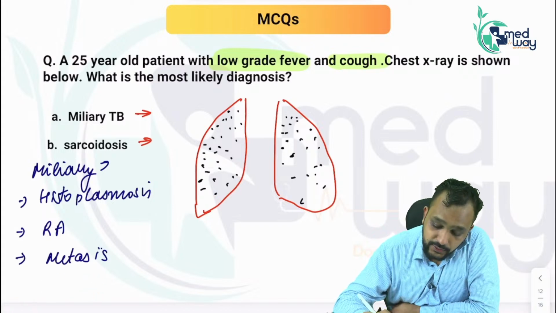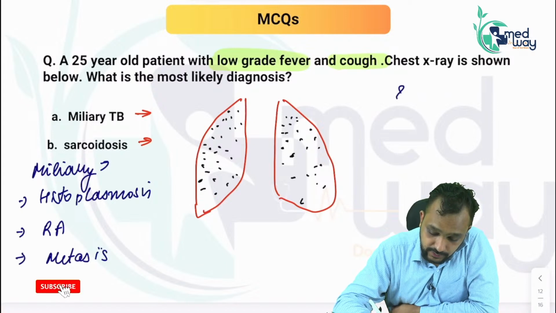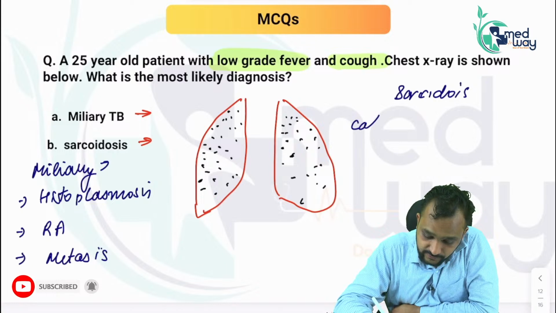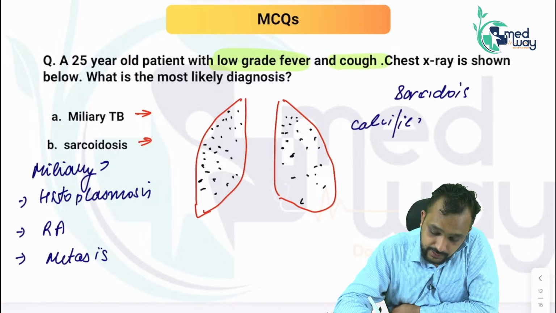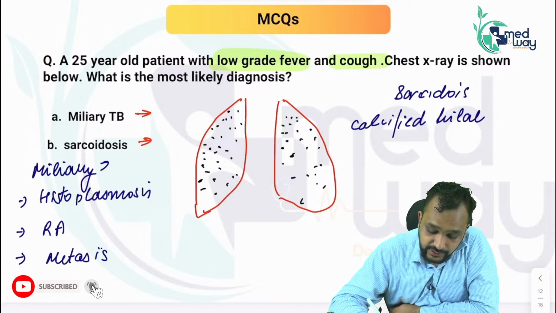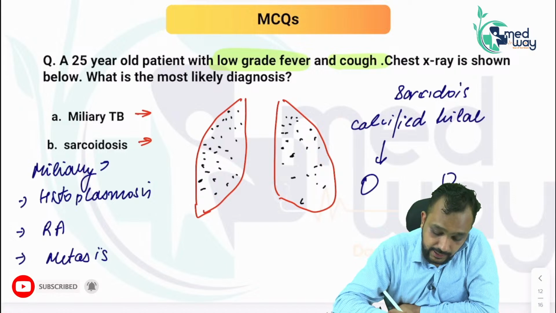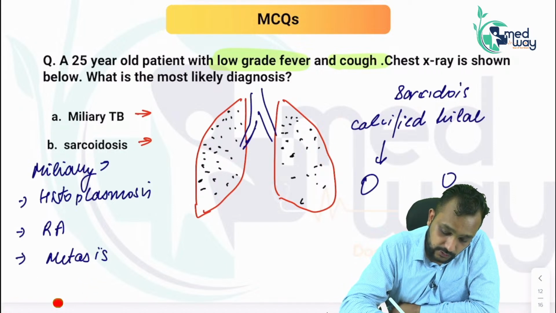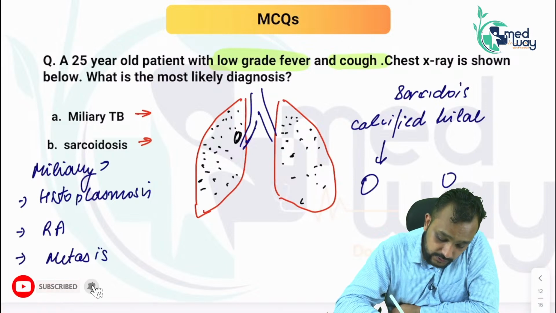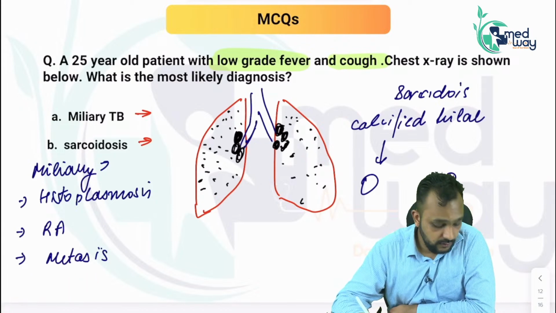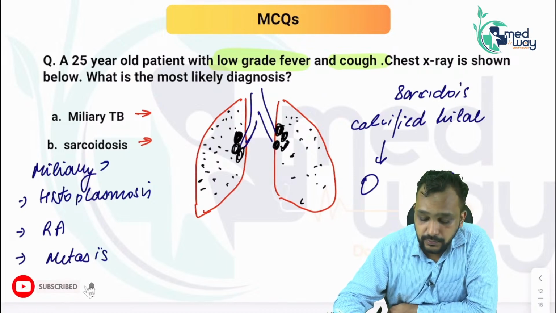Now talking about sarcoidosis, you are going to see a chest x-ray with calcified hilar lymph nodes. Basically calcific radiodensities will be seen in the perihilar location. This is your trachea, right? So in sarcoidosis you will see calcific radiodensities in the perihilar location. These were the two options that were given to me by the students.